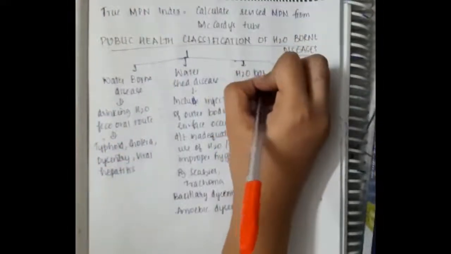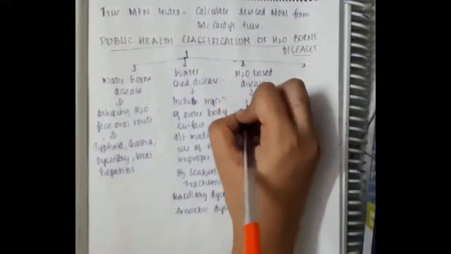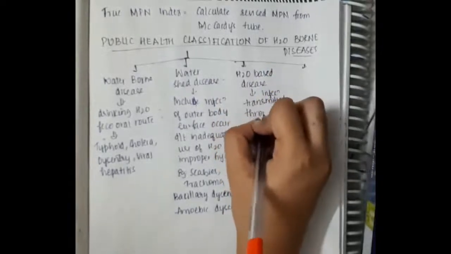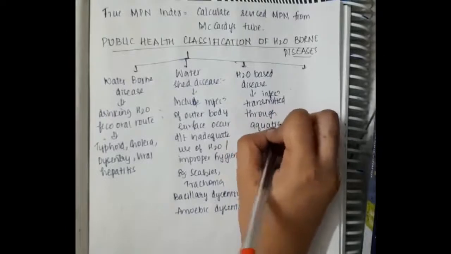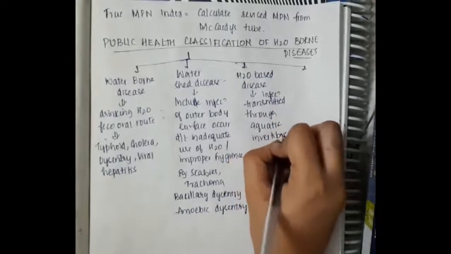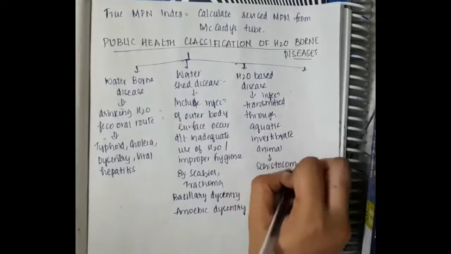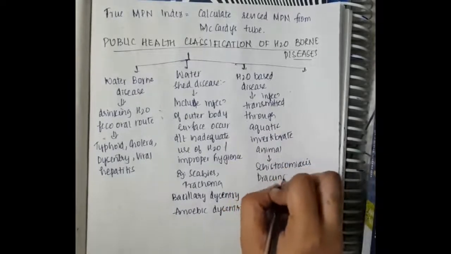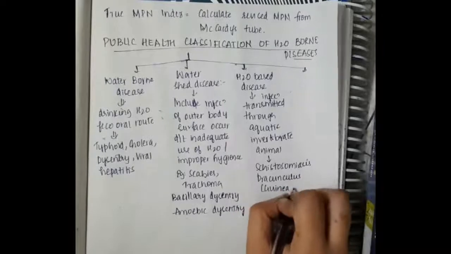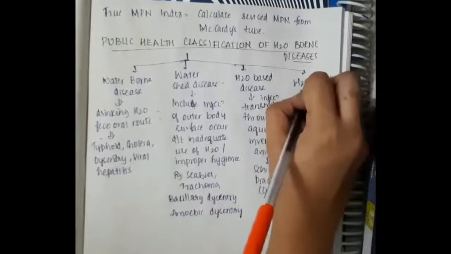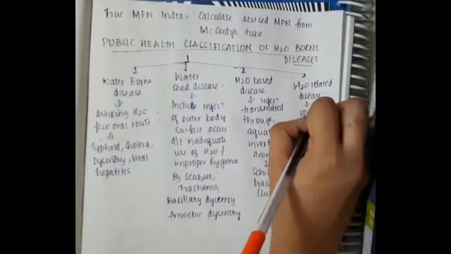Then we have water-based disease, where the infection is transmitted through aquatic invertebrate animals, like schistosomiasis and dracunculosis, which is guinea worm, transmitted through aquatic invertebrates like guinea worm hosts and crabs.